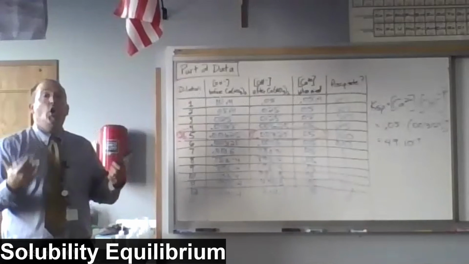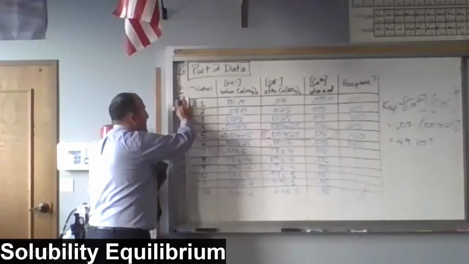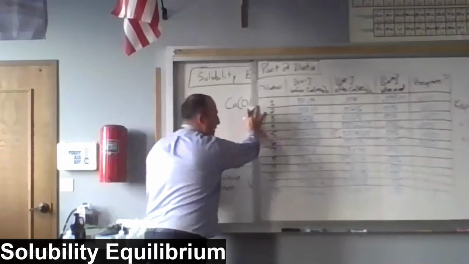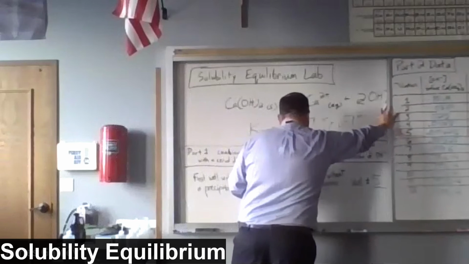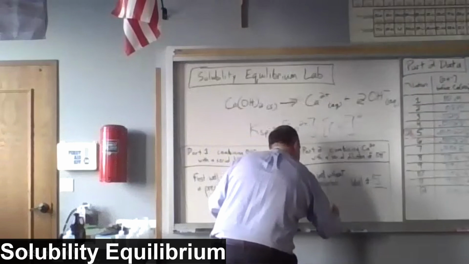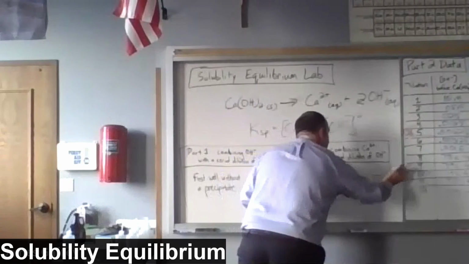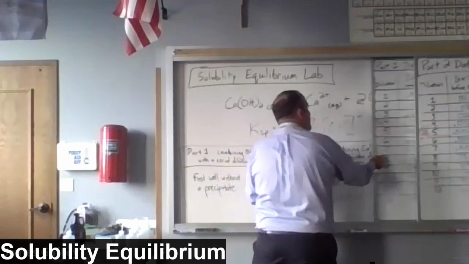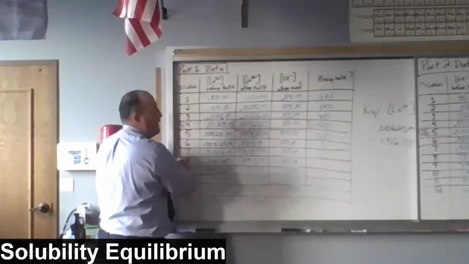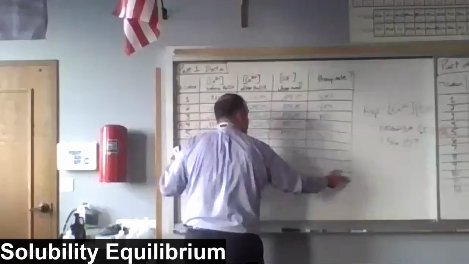So after doing all this calculation, our part 1 KSP value was 1.6 times 10 to the negative 5th.